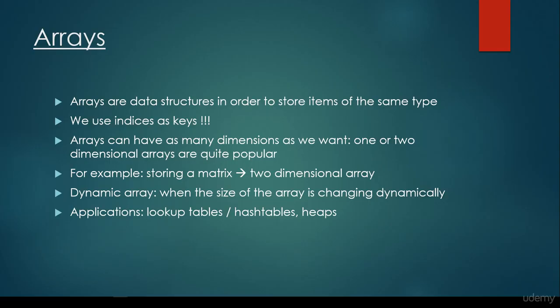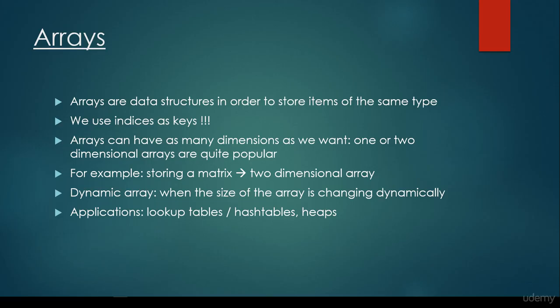Okay, so arrays are data structures in order to store items of the same type. It's very important that usually we are able to store items of the same type. For example, in Java it is true. For Python we are able to store items with different types, but for most programming languages, arrays can store items with the same type.